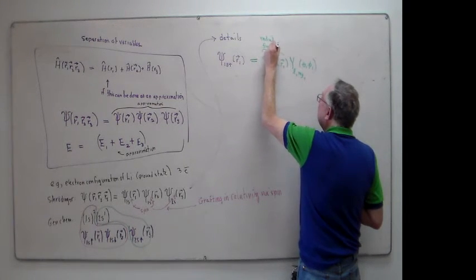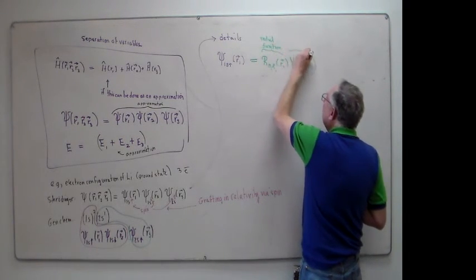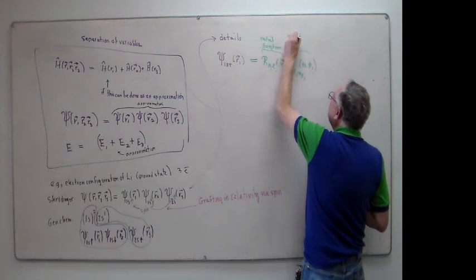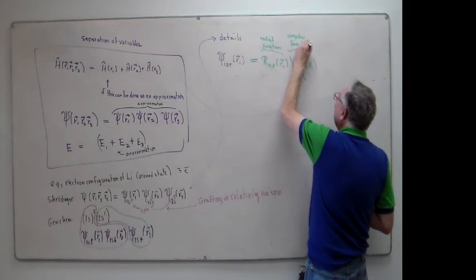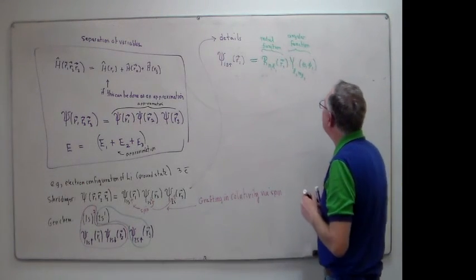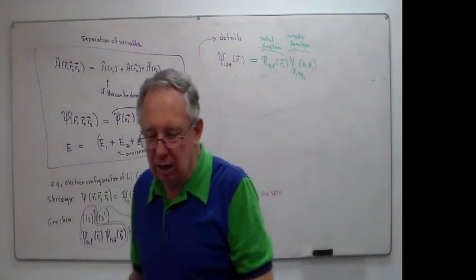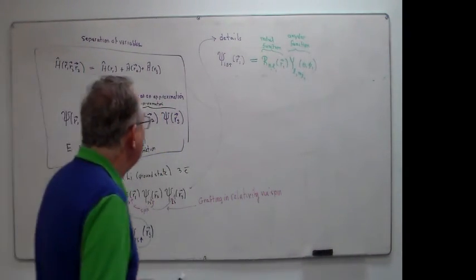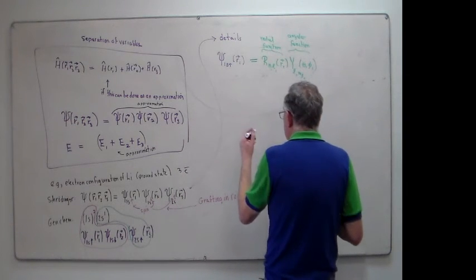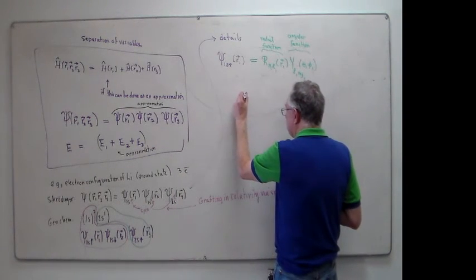Radial function, angular function. Notice the coordinates are those of electron 1. But now let's do something.